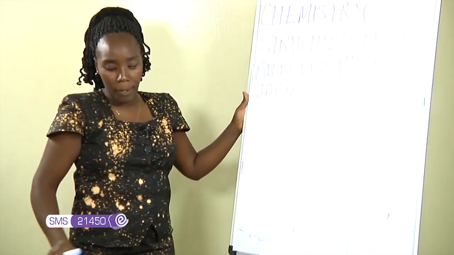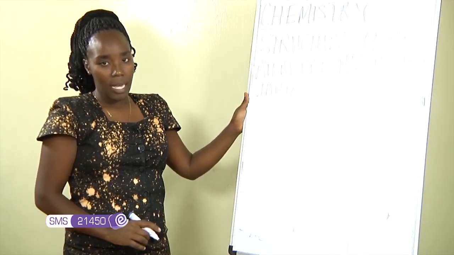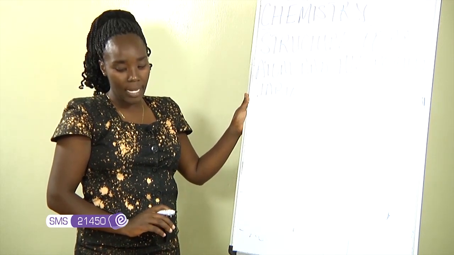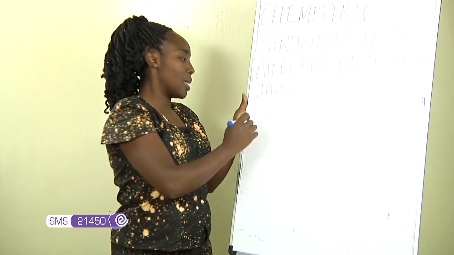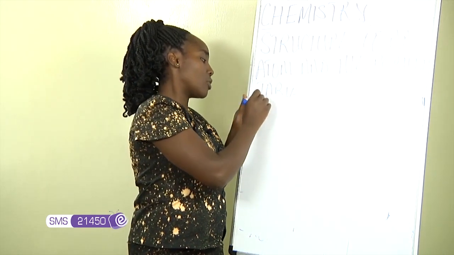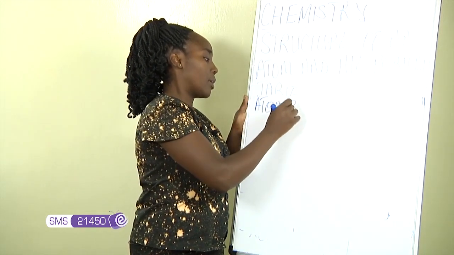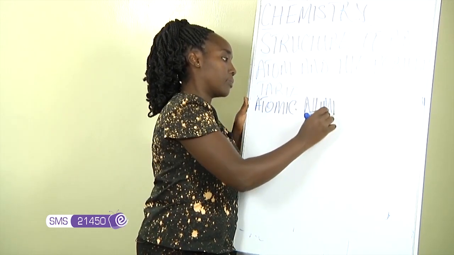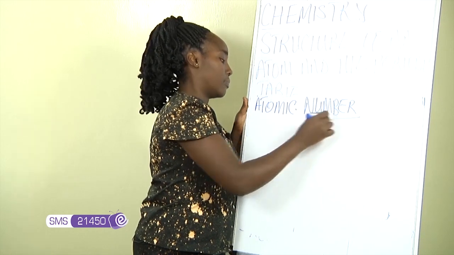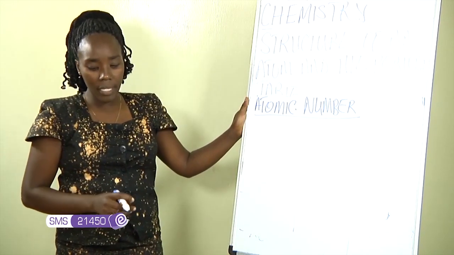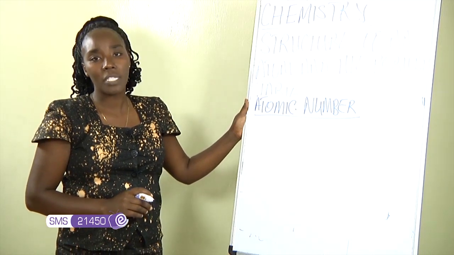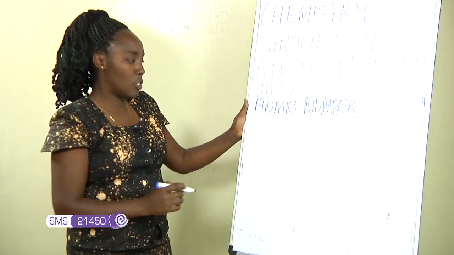Okay, from there, we can have a definition of what we are going to call an atomic number and what we'll call the mass number. So what is an atomic number? An atomic number is always the total number of protons that are found in an atom.